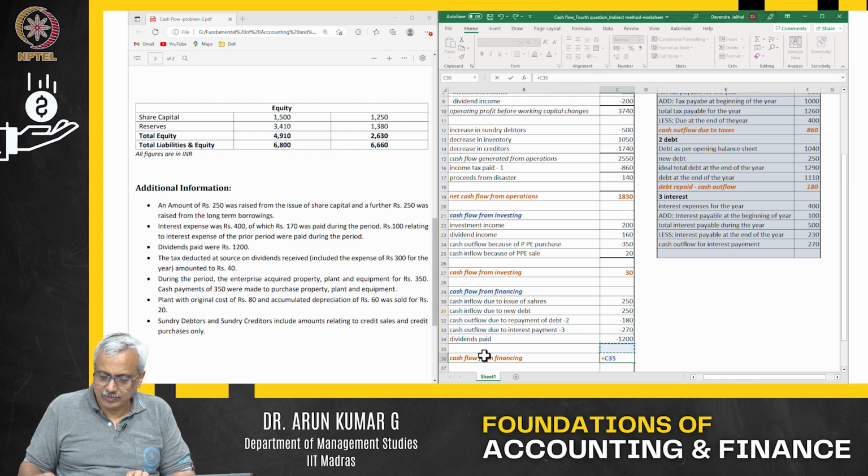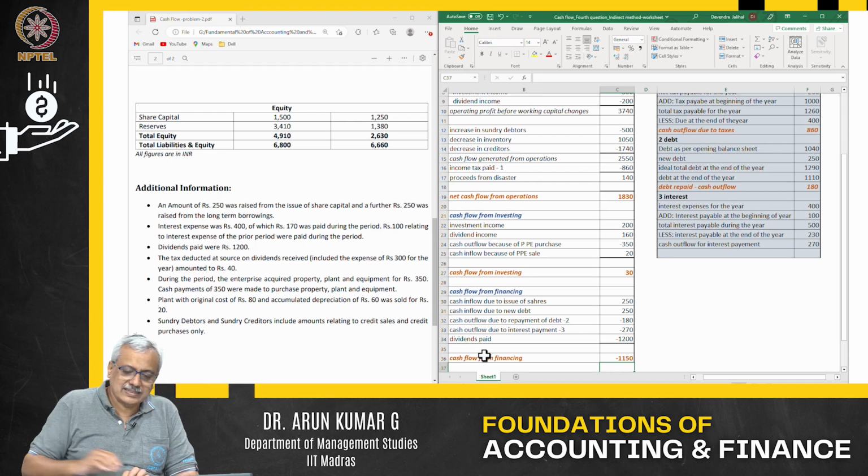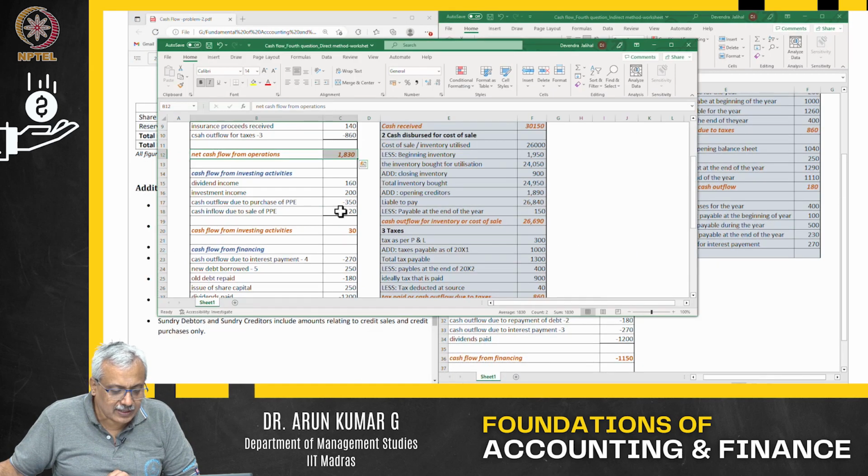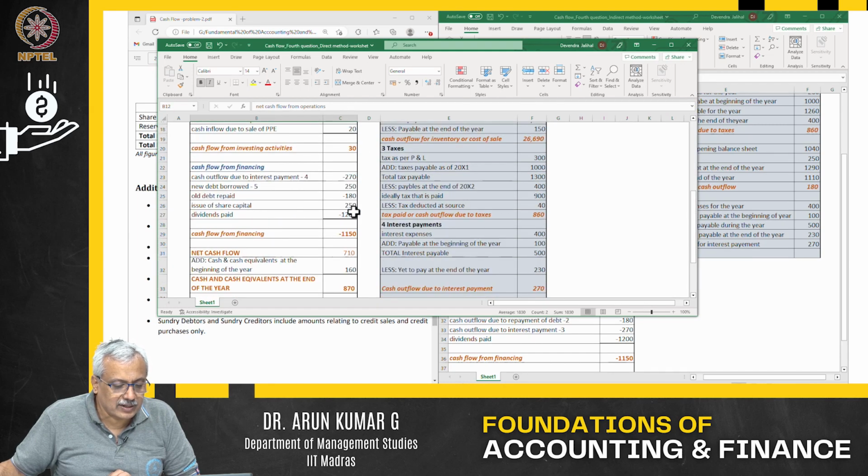Financing is this plus this plus this plus this. Cash flow from financing is 1150. Let us look at the other calculation we did, 1150, exactly the same, no change.